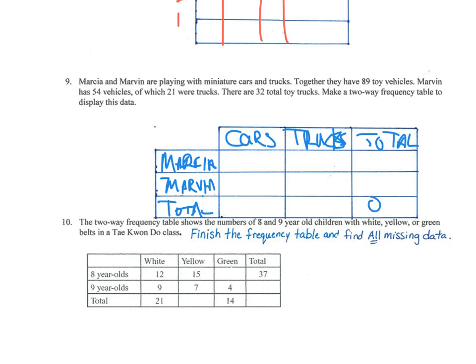So that's a total of 89 goes here. Marvin had a total of 54 vehicles. 21 were trucks. So use these two to figure out how many cars he had. Also, what do you think about the math operation you do with these two to figure out how many total toys Marcy has, or Marcia?